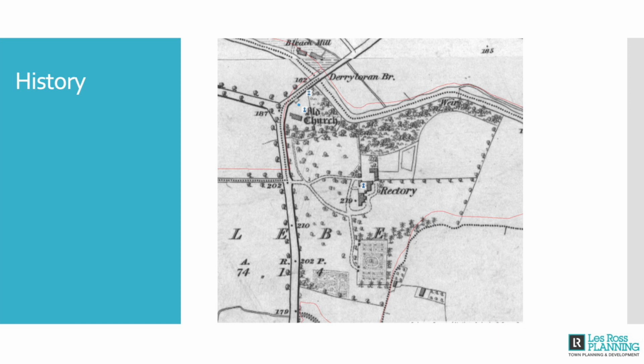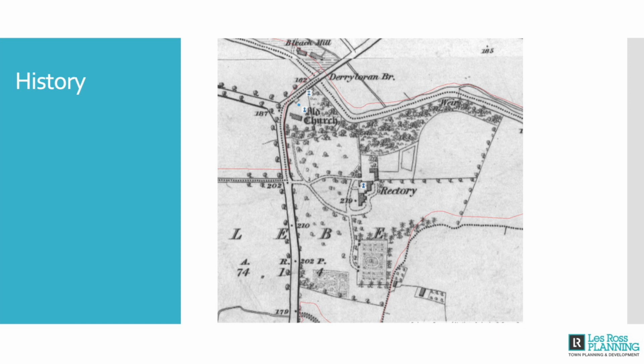So the old church is clear there on the slide up along the river at the road junction, but down there in the centre of the picture is the former rectory building, which would have been the Church of Ireland Rectory at the time, and you can see that's very much a planned landscape, large gardens, structural planting, trees, and it looks like a walled garden there, and other formal pathways and lines of trees and so on.